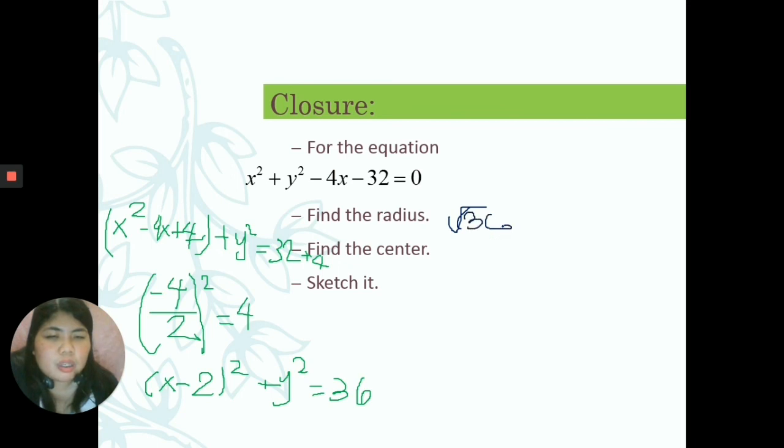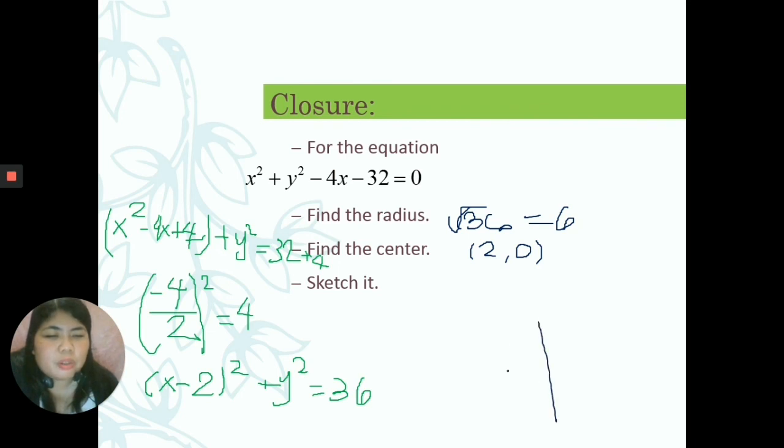The square root of 36 would be 6. And our center is the coordinates here, so h would be positive 2. And k, we don't have a number here, but it means that it is 0. So the center is (2, 0), and our radius is 6.